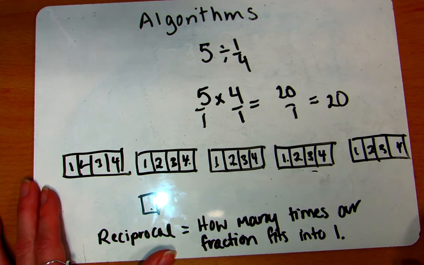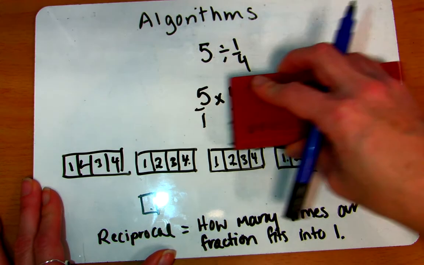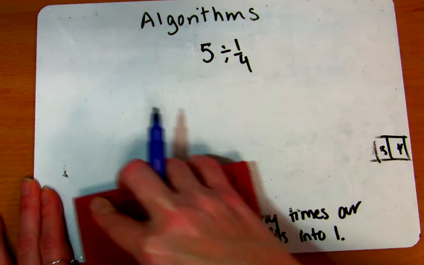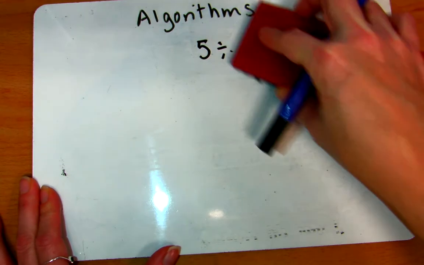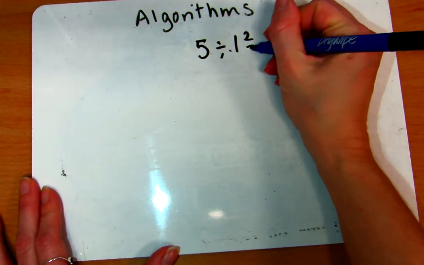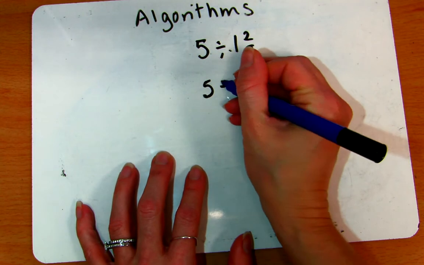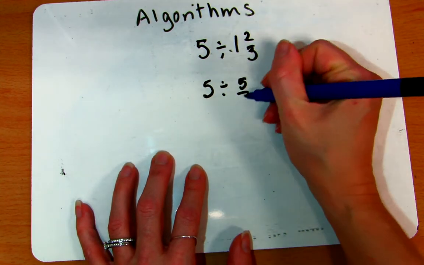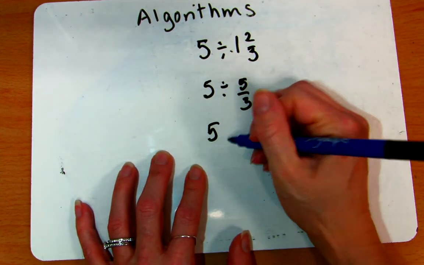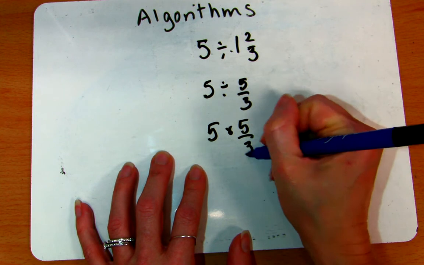So last little important piece, a couple little things I've noticed when people are doing this algorithm method, is they get tripped up if we have a mixed number. So say I had 5 divided by 1 2/3. They go, all right, okay, well that'd be 5 divided by 5/3, right? I've already flipped it, so it's 5 times 5/3.